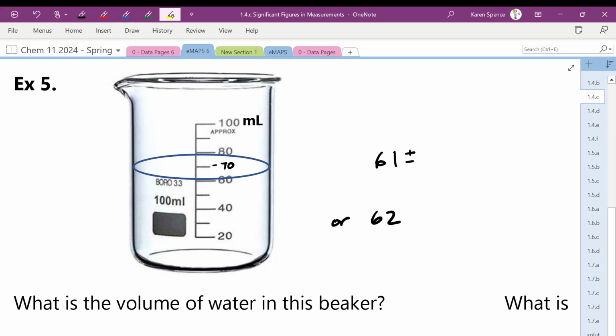You're going to choose your ones position because that's your uncertain digit. So you're going to say, I'm in the ones position, so it's going to be plus or minus 1. Remember that plus or minus is optional. You don't have to do it.